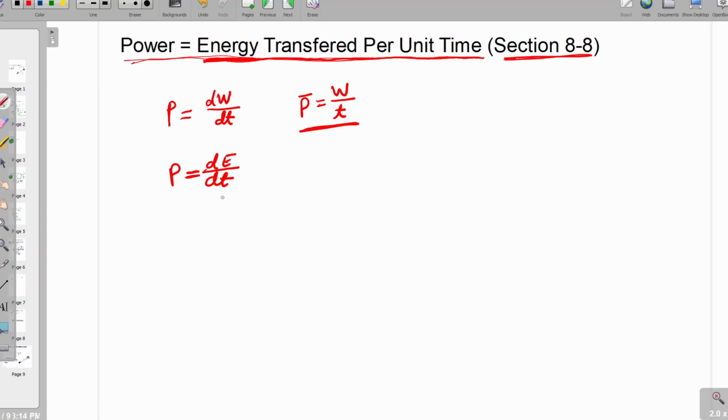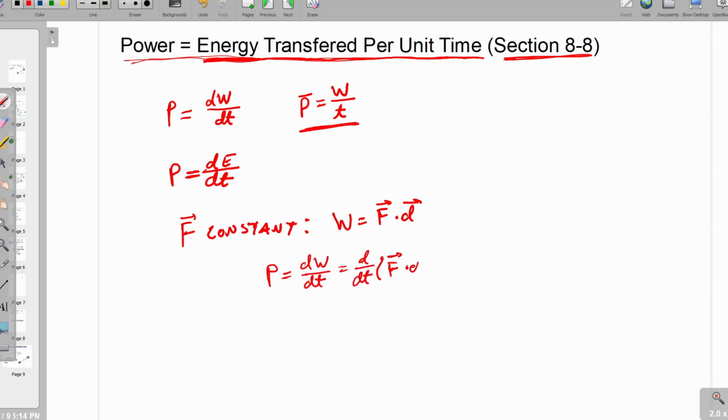And when you think about this in the case where force is constant, work is equal to F dot displacement. If power is the time derivative of this, in this case where F is constant, we'll have power equal to dW/dt, or in other words, d/dt of force dot displacement.